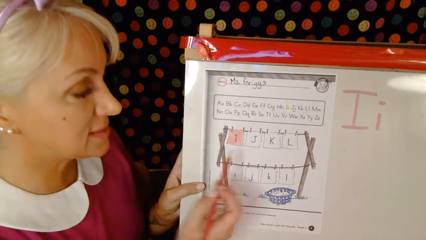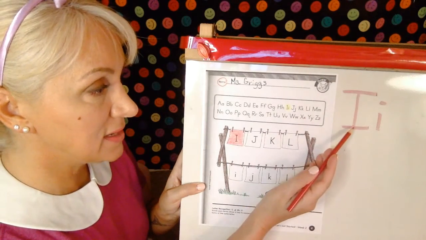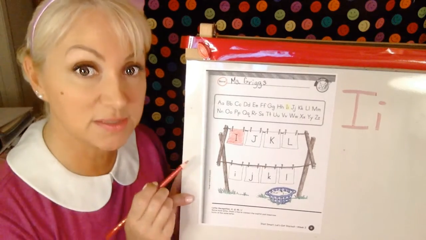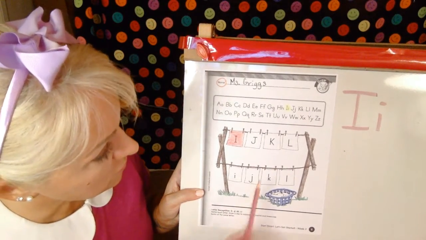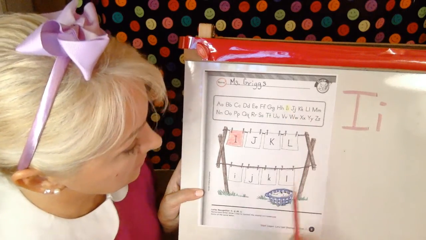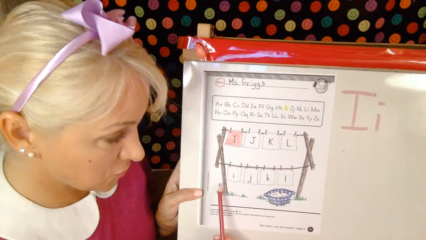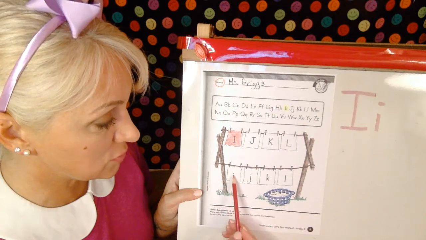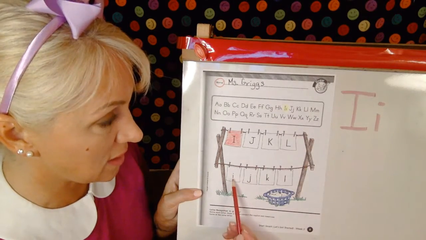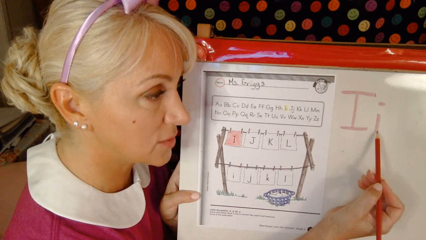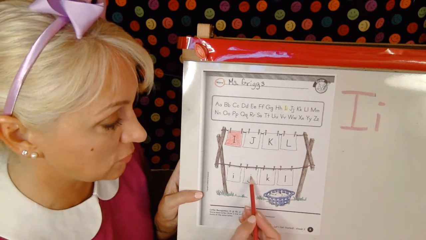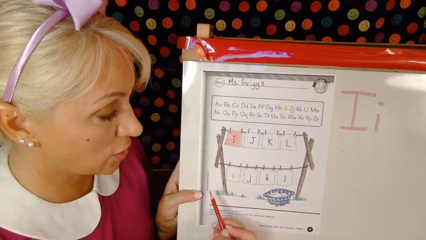Since I did that capital I in red, I want to find its partner, the lowercase i, in red also. This is a little tricky because I see 2 letters with a dot at the top. But my lowercase i has just a short stick down at the bottom with no curve, and this other letter has a curve.